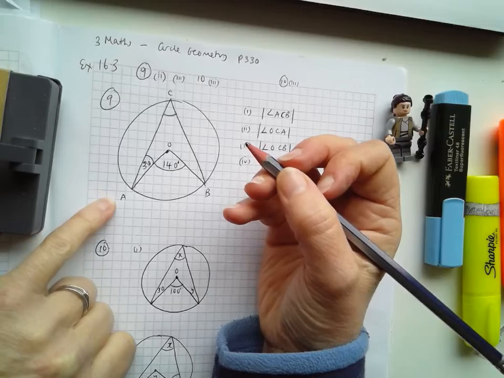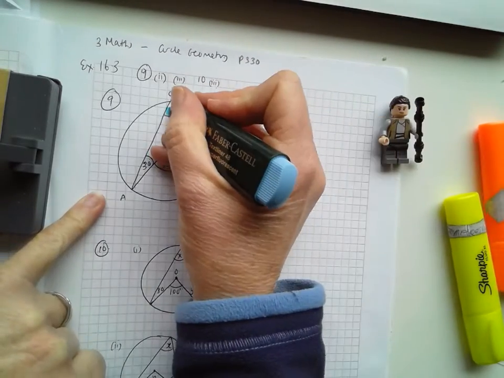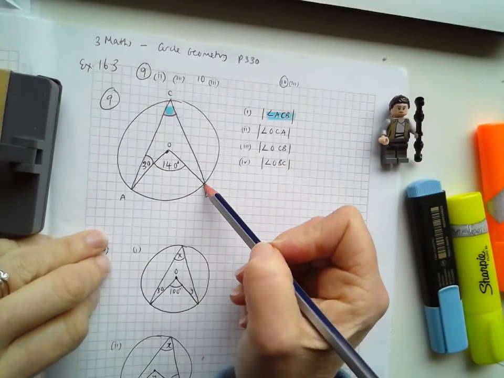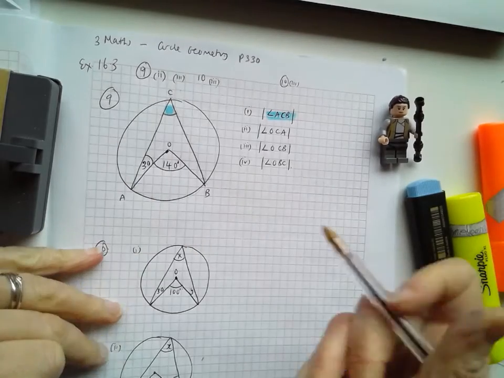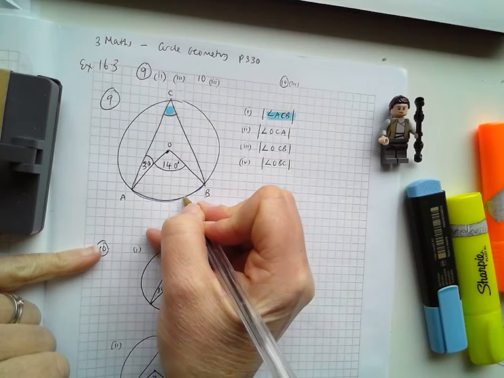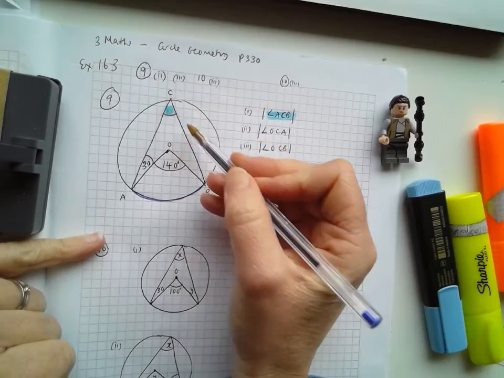Let's just colour it so that we know which one we're talking about. Angle ACB is on this arc here. Let's fill that in. And it is the angle at the edge.